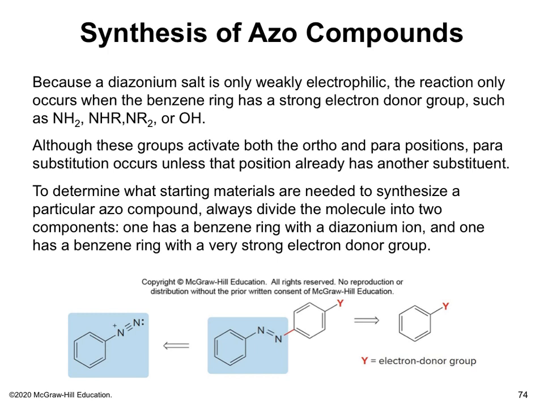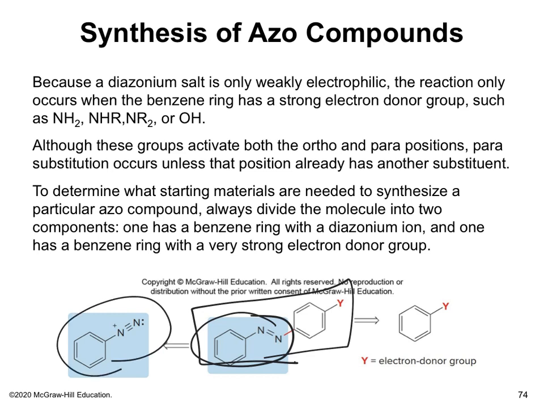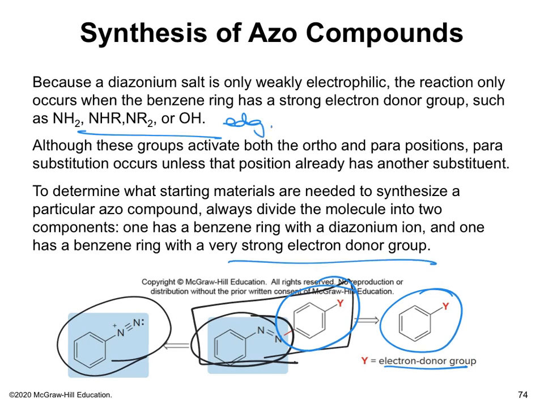Okay, so here when you have this diazo dye, this comes from the diazonium compound, and then the other portion comes from the electron donor group. Those are electron donating groups that give you the para director.